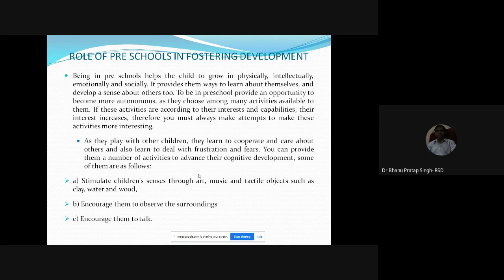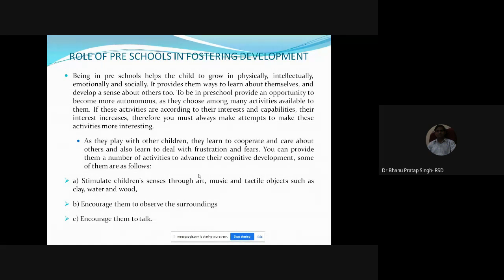It provides them various ways to learn about themselves and develop a sense of others too. Preschool provides an opportunity to become more autonomous as they choose among many activities available to them.